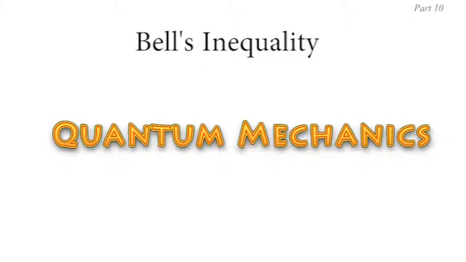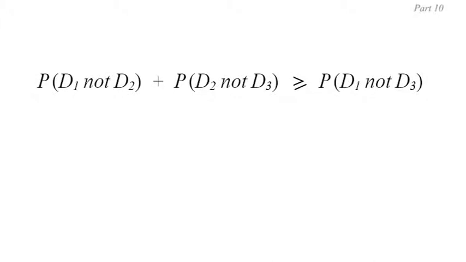To test this, we need to try and apply Bell's inequality to the rules of quantum mechanics. How can this be done? Well, we'll start with Bell's inequality in a probability form. And we'll stick with the definitions of three chosen directions in space that we will consider: d1, d2 and d3.